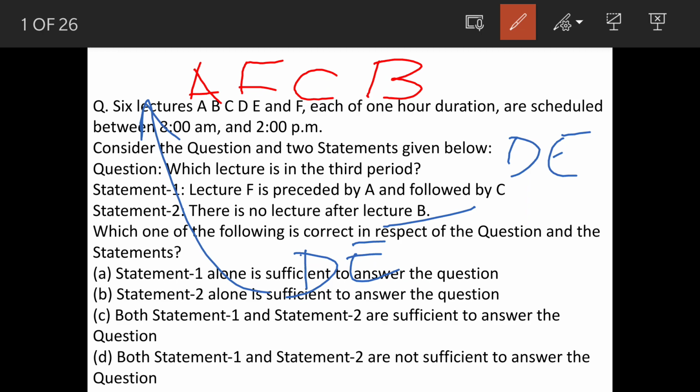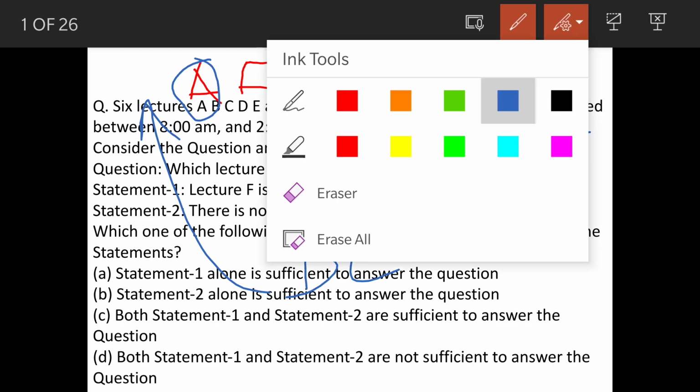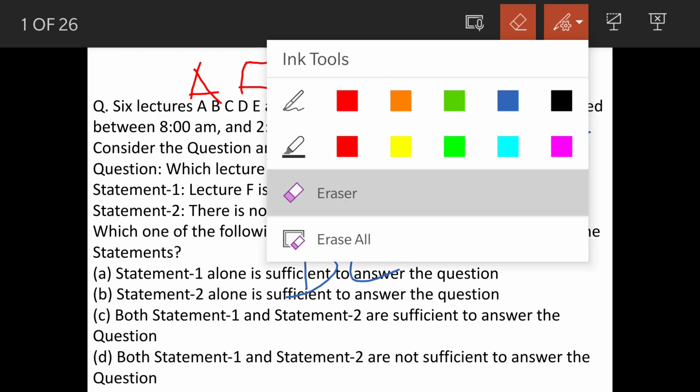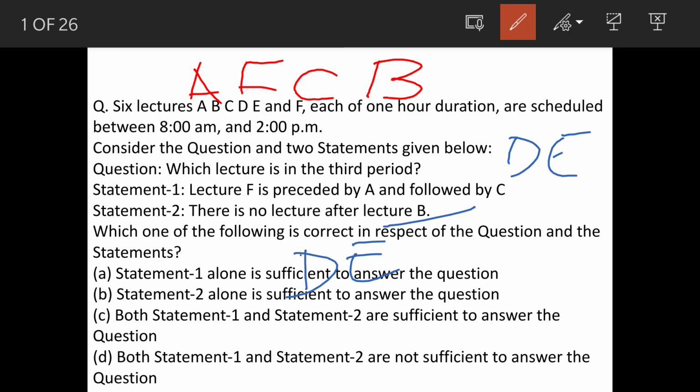If D and E are here, then A becomes the third lecture. This is one option. The second option is D and E are, let's say, here. So if D and E are here, then C is the third option.